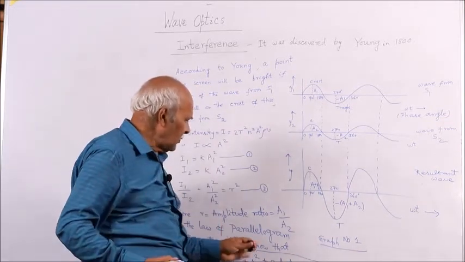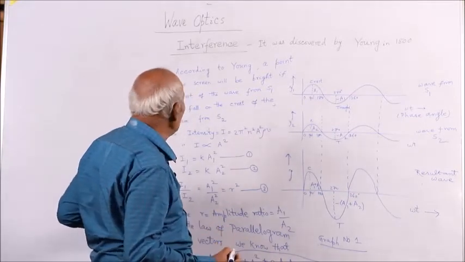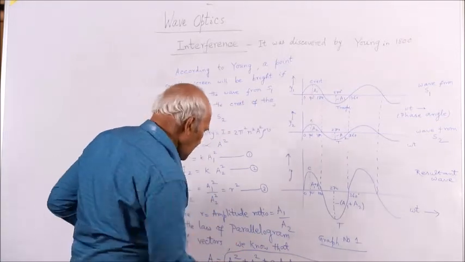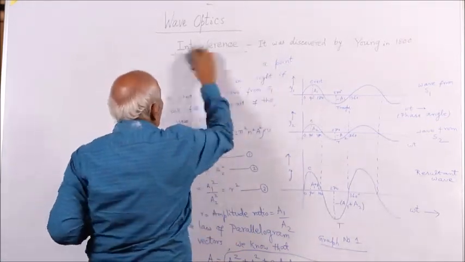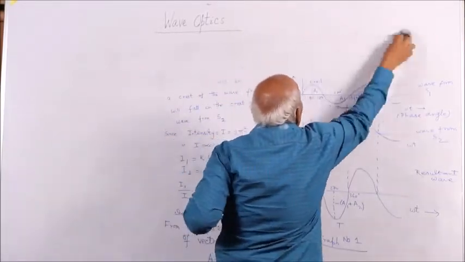Naturally, when phi is equal to 0 degree, it becomes maximum.